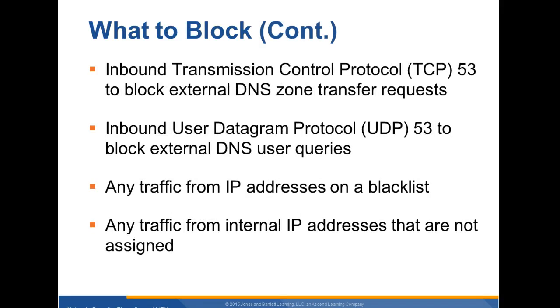You should block inbound Transmission Control Protocol, TCP, port 53, to block external DNS zone transfer requests. Inbound User Datagram Protocol, UDP, port 53, to block external DNS user queries. Any traffic from IP addresses on a blacklist, and any traffic from internal IP addresses that are not assigned.